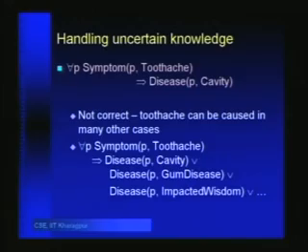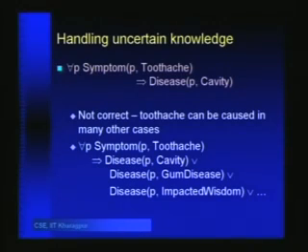Suppose we are given the rule that for all P, symptom P toothache implies disease P cavity. So, this says that whenever one has a toothache, then that person has the disease which is a cavity in the tooth.